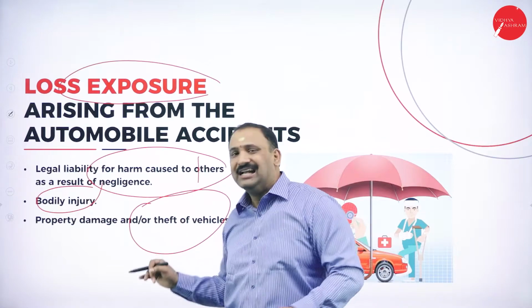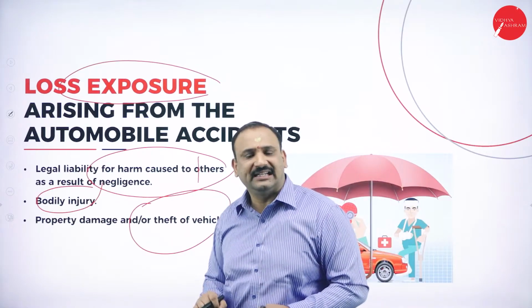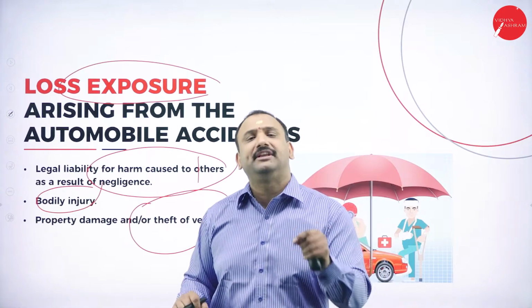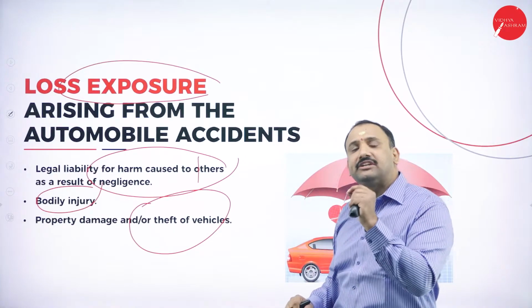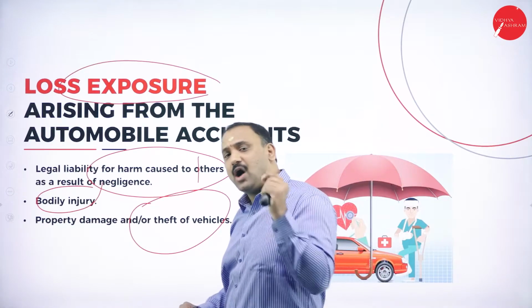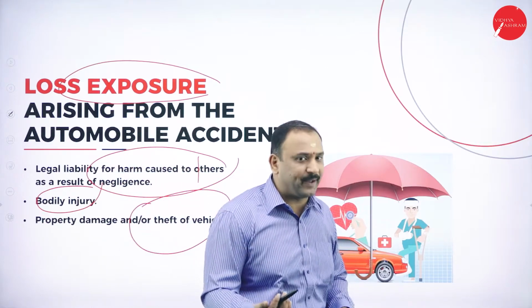So you are legally responsible for this particular activity, for which you will be charged under the court of law. So what is the insurance exposure at that point of time? How is insurance going to come in and cover it so that you will be able to pay back a compensation?